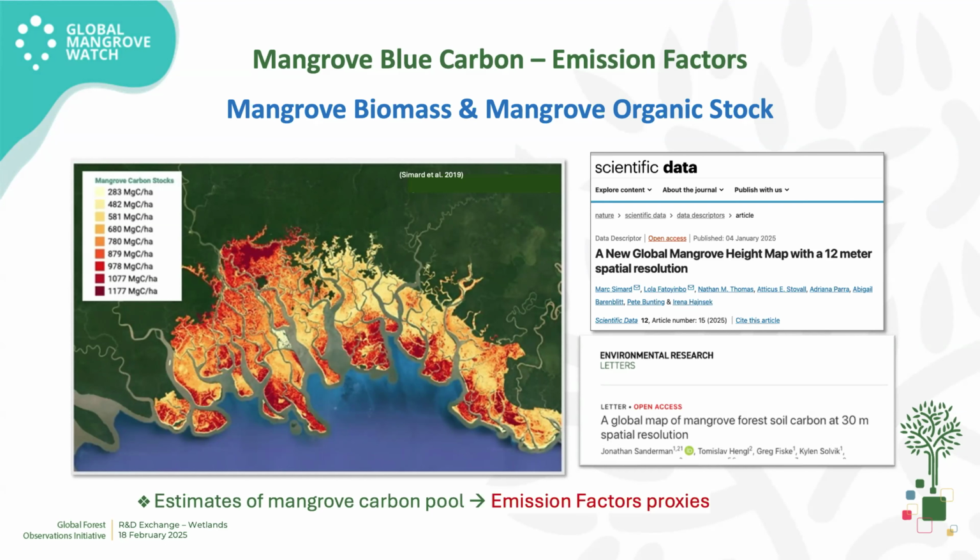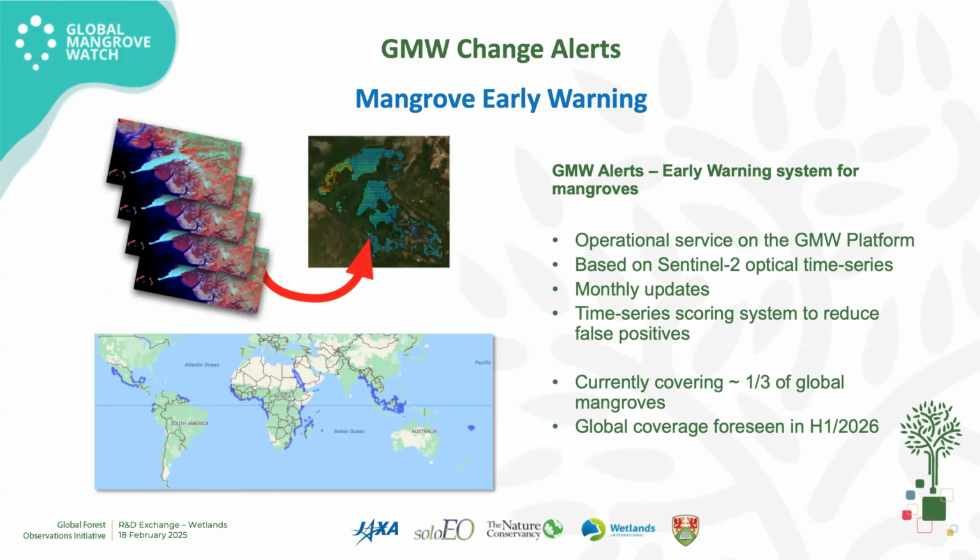Also, we have an activity that we call the Global Mangrove Watch change alerts. It's basically a mangrove early warning system where we use optical Sentinel-2 data on a monthly basis to indicate areas that are likely to be subject to change.